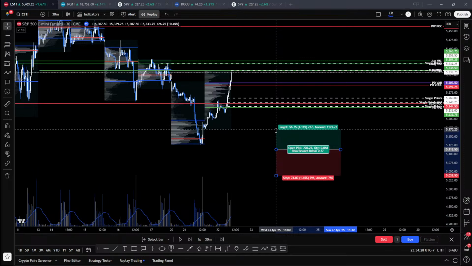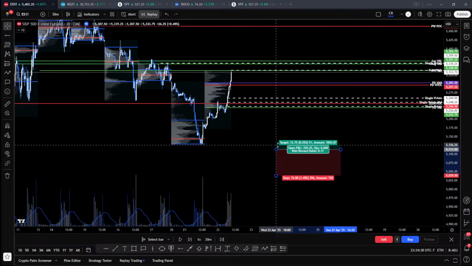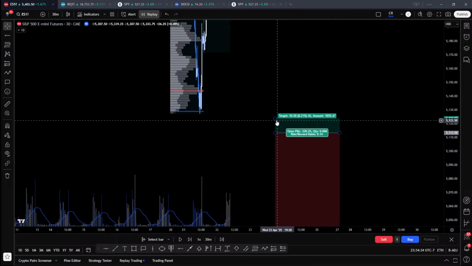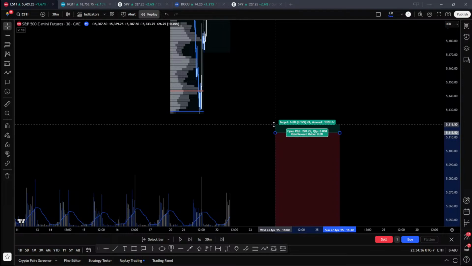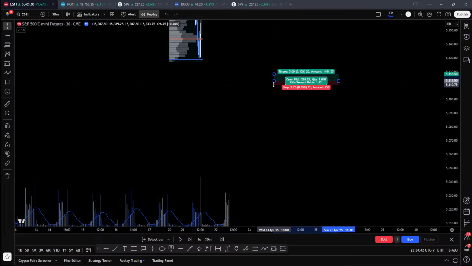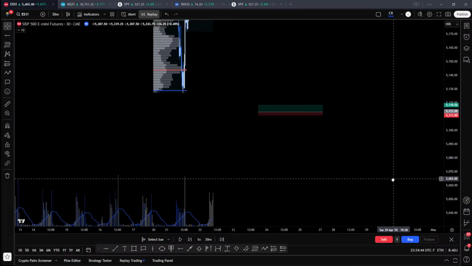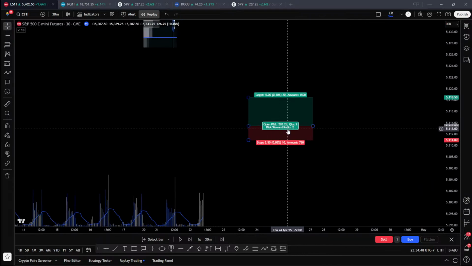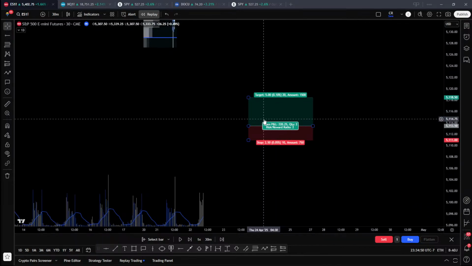I need to make this way bigger. Oh, there it is, 10. So if I see a setup where I can risk 2.5 to make 5, I'm still getting $2 for every dollar risked.